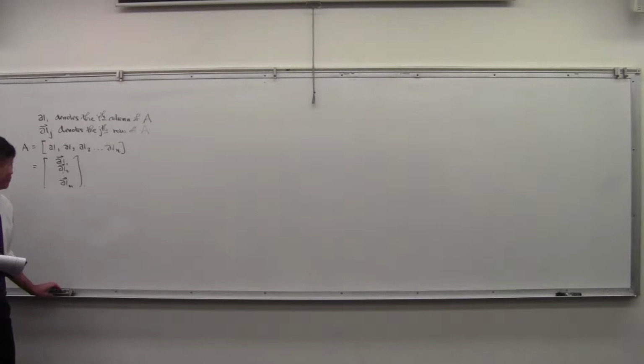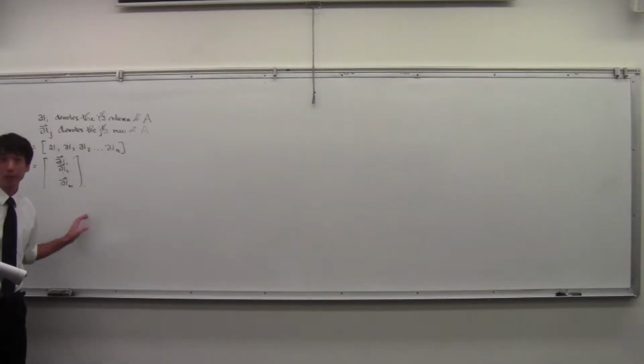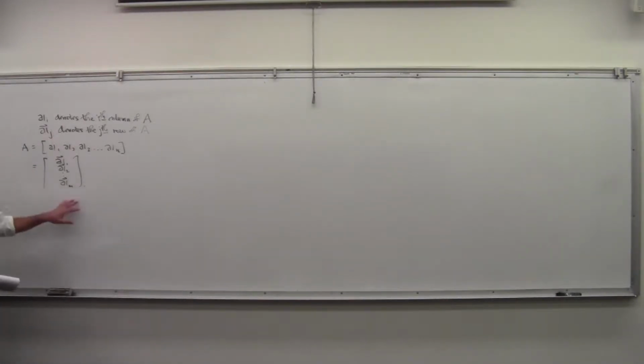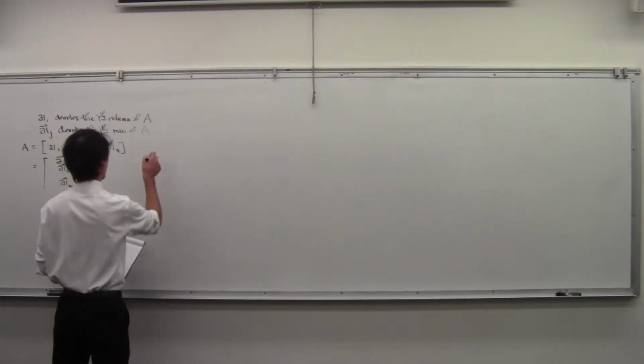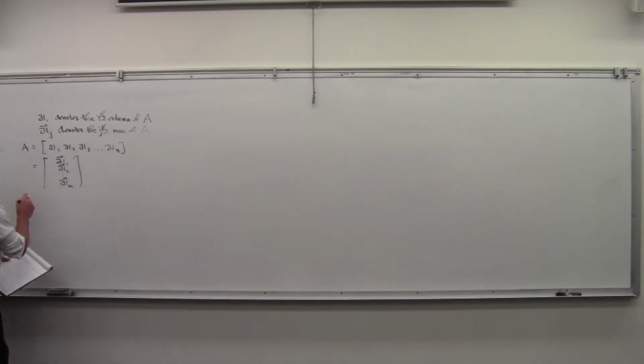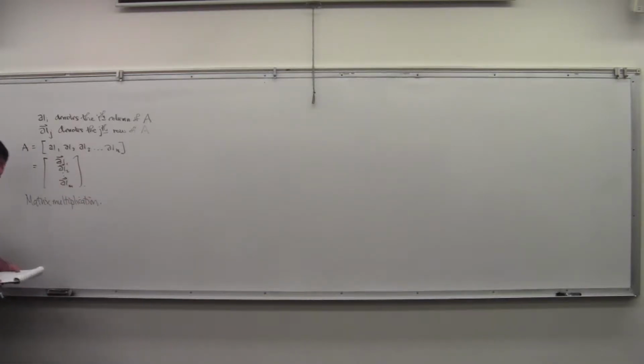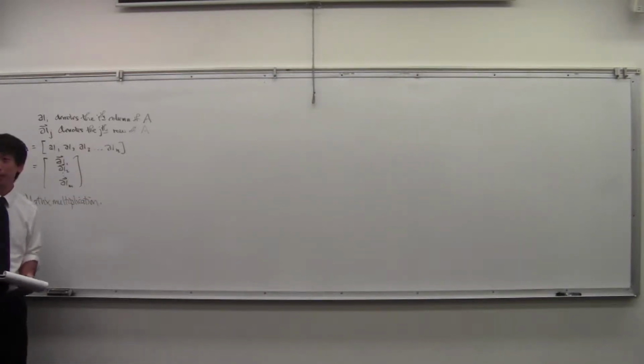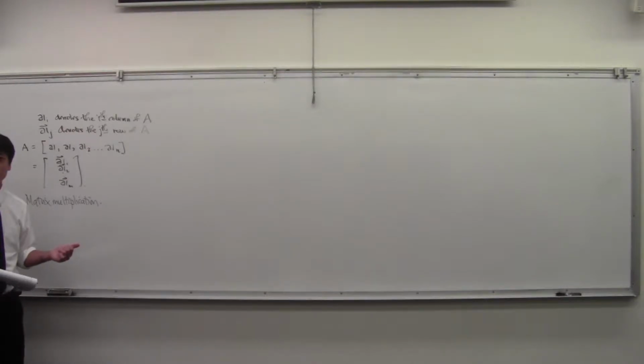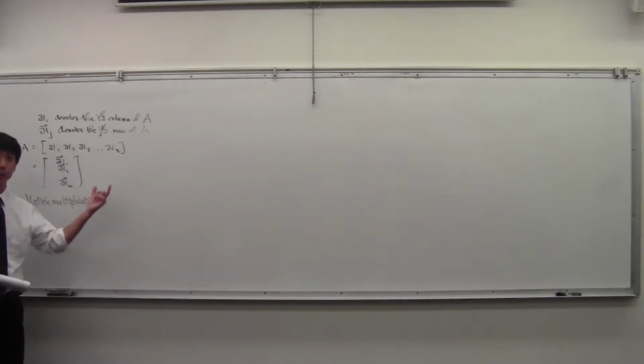And the reason we're doing this, this notation is going to be really handy. First off, we're going to use it to describe matrix multiplication. You remember how we defined matrix equality: it just meant that everything was equal entry by entry.